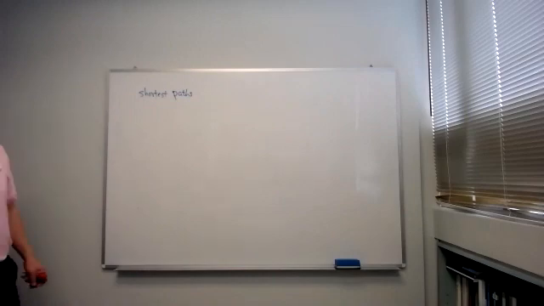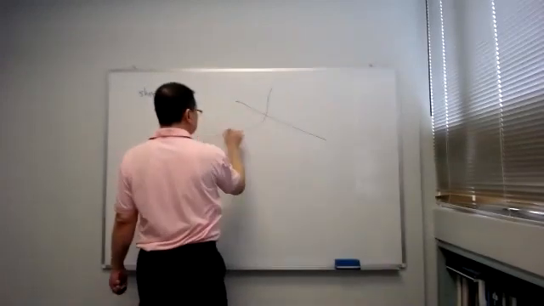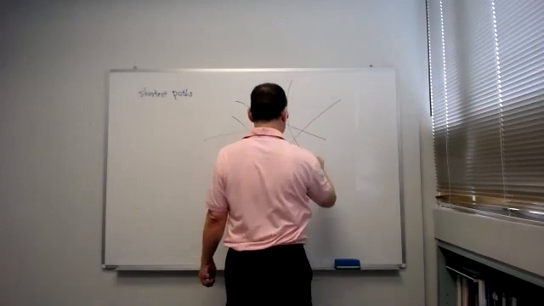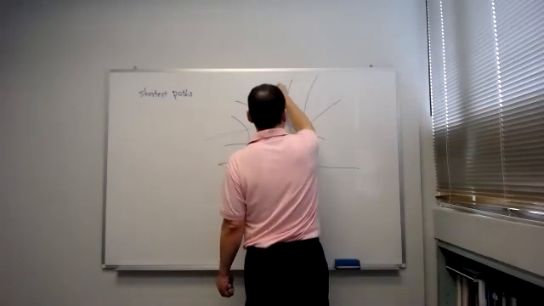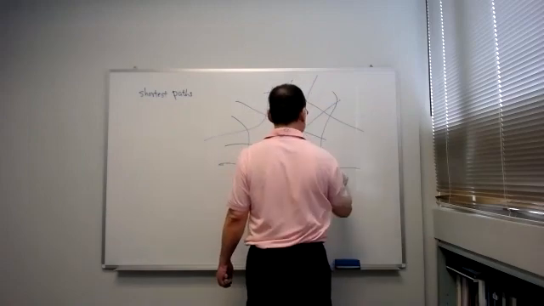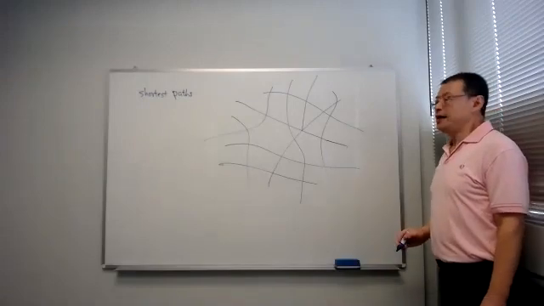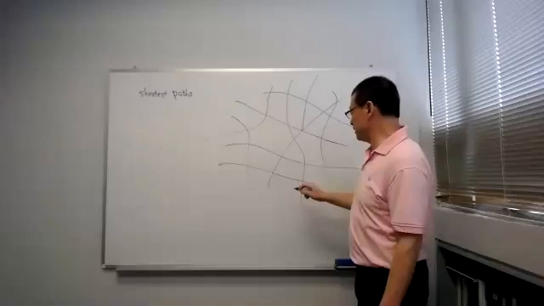One is shortest path. So here is a road map, a street map. Suppose you want to get from one place to another. Suppose you are currently here, maybe.